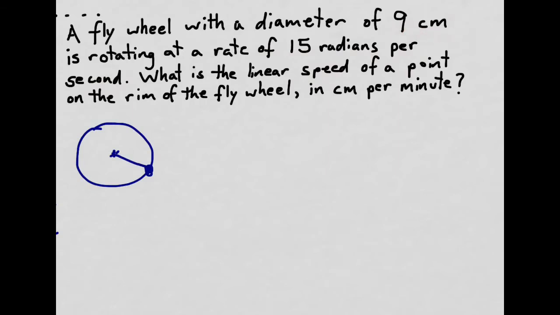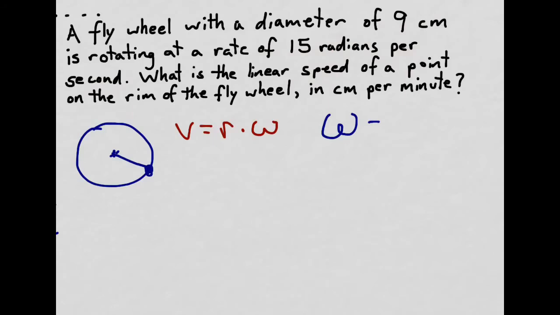So thinking about our formula, v equals r times omega, let's think about what we know. I have two values from the problem. I have 9 centimeters, I have 15 radians per second. Radians suggests that we're talking about angles. Radians per second is our value for omega.